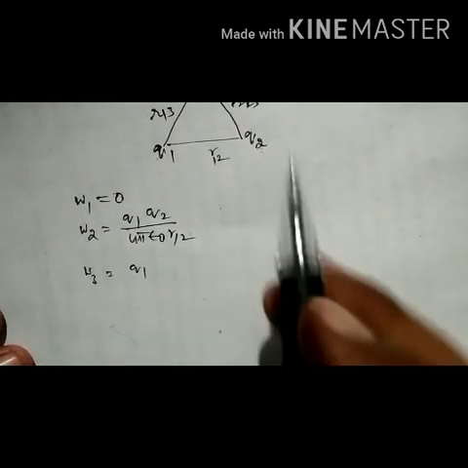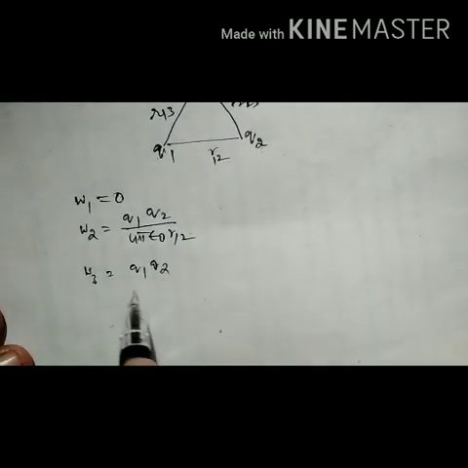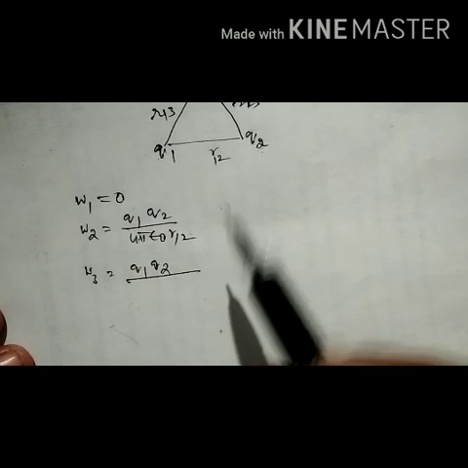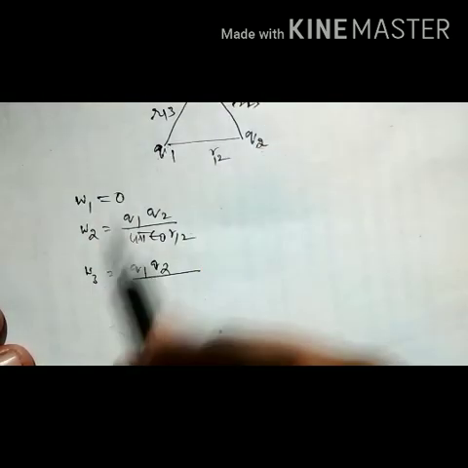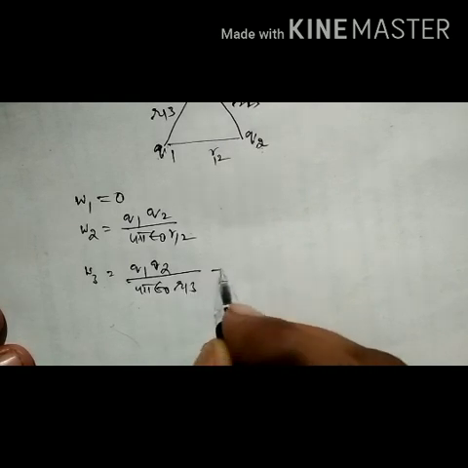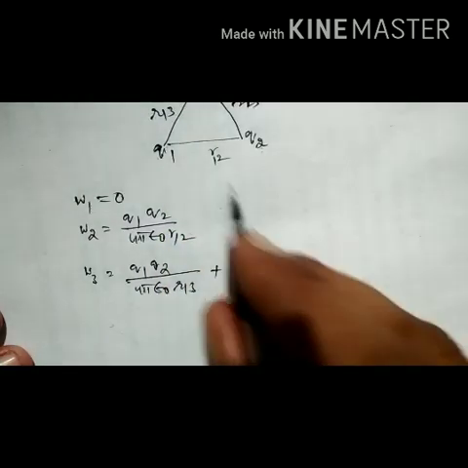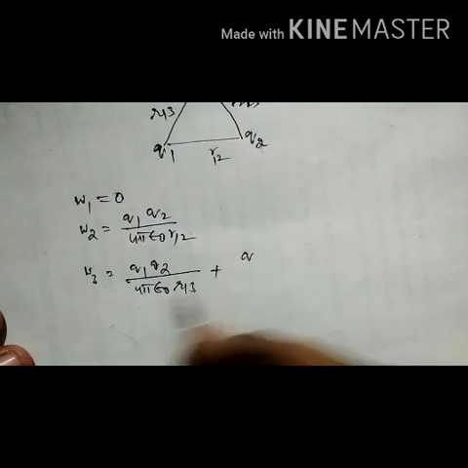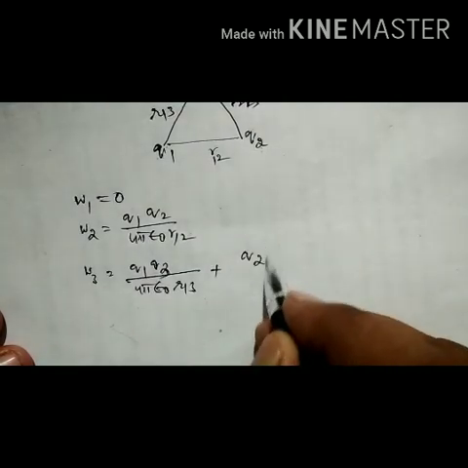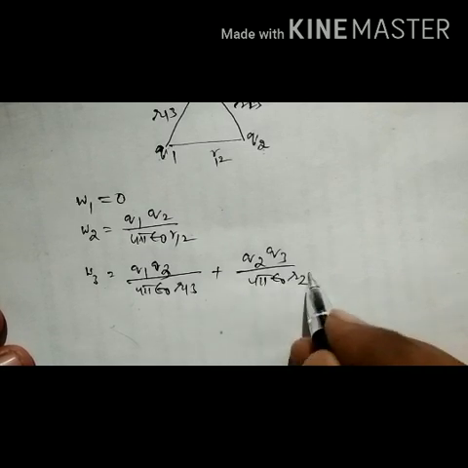It is q1 q3 by 4 pi epsilon naught r13, because it is placed at a distance of r13 from q1, and similarly q2 q3 by 4 pi epsilon naught r23.